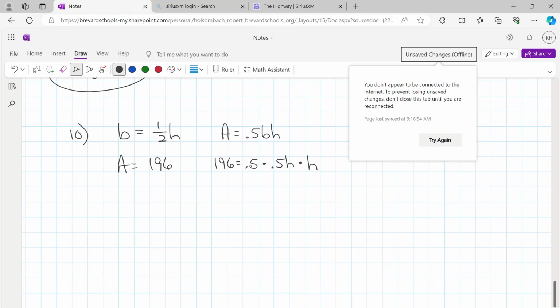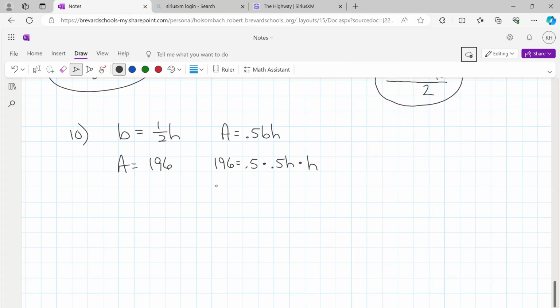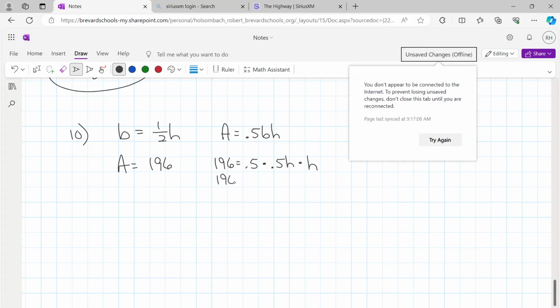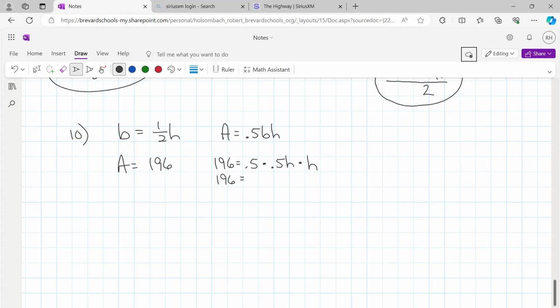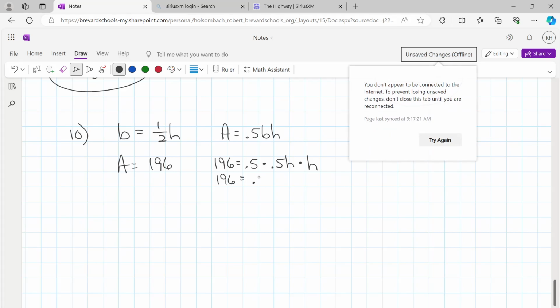So we can clean up this whole right side. So here's what I mean by that. 196 equals, you can take 0.5 and multiply it by 0.5. My calculator says 0.3, but it's because I'm on second fix 1. If I went to second fix 2 here, 0.25. 0.5 times 0.5 is 0.25, and h times h is h squared.